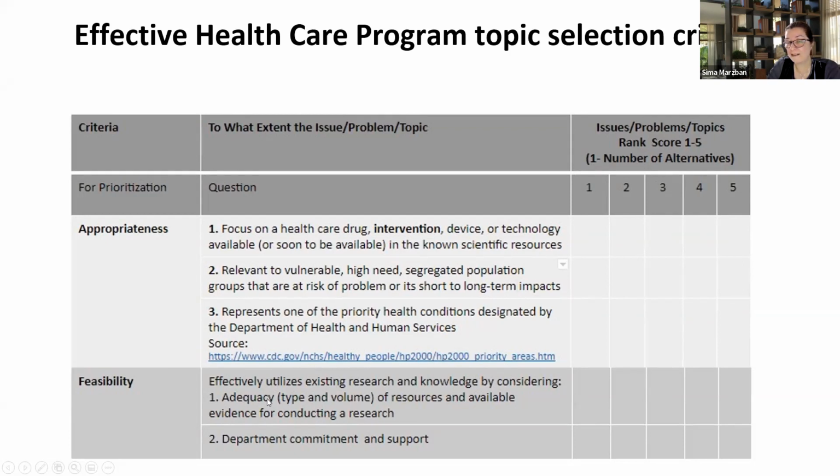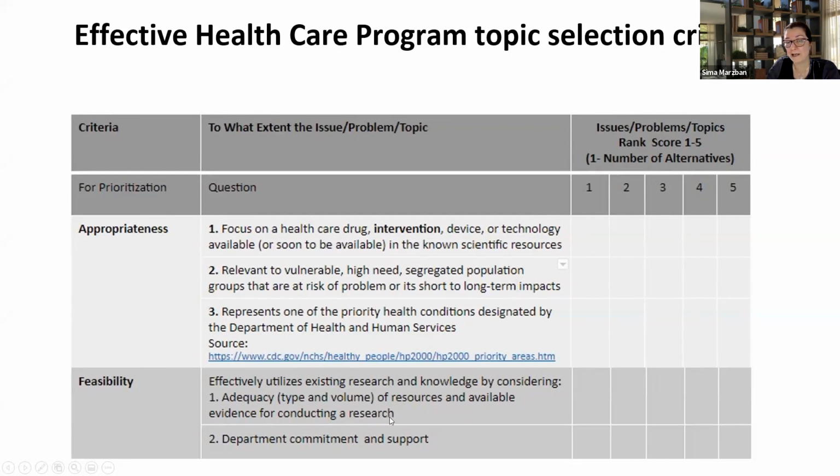And something that addresses the resources for conducting research to be feasible. In the feasibility area, you can find something that is available in the evidence and effectively utilizes existing research. If you want to work on a topic that is not available in the current published articles, it's tough to have enough scientific information to develop your idea.